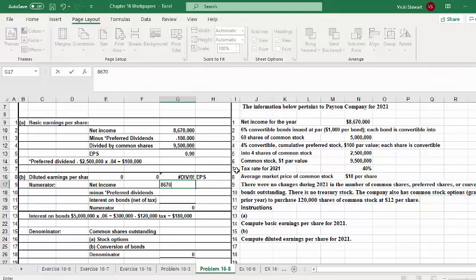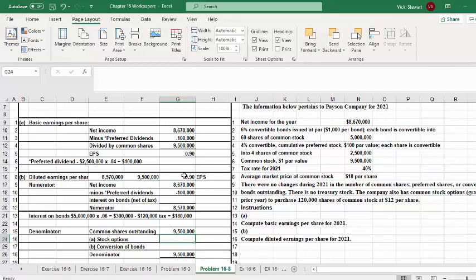So I'm going to put that in first. 8,670,000 minus the $100,000 preferred dividend in the numerator, and then in the denominator is the 9,500,000 shares of common. So you can see at this point we are at 90 cents basic earnings per share.